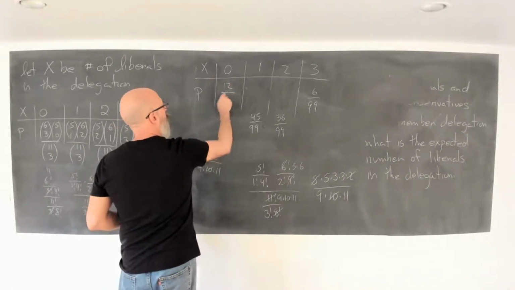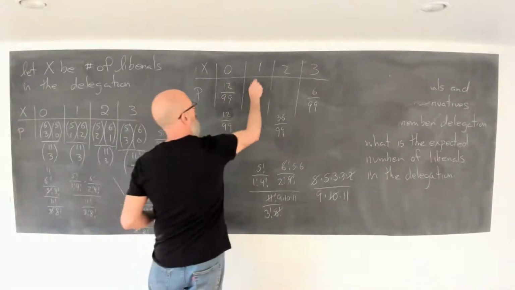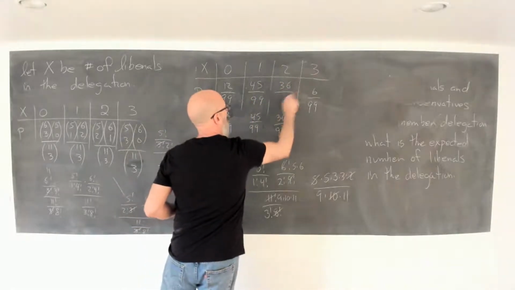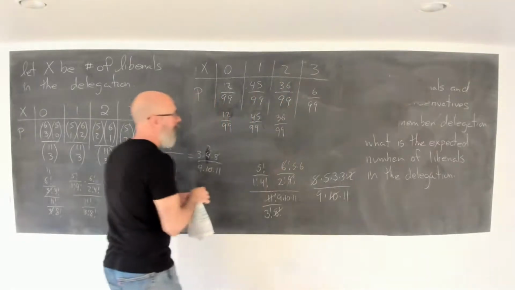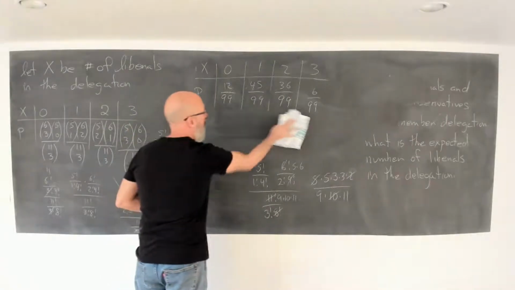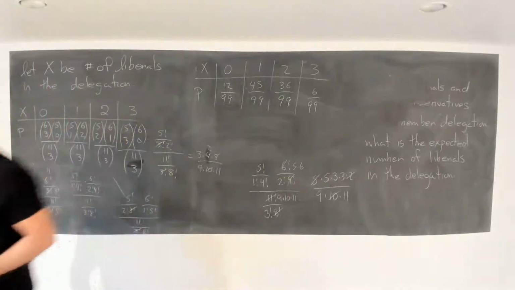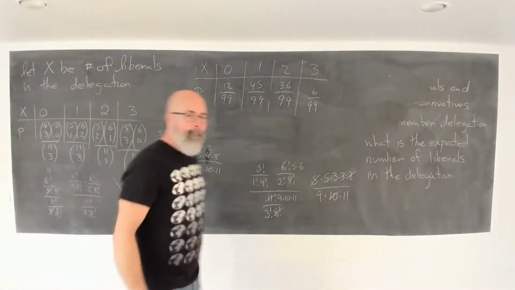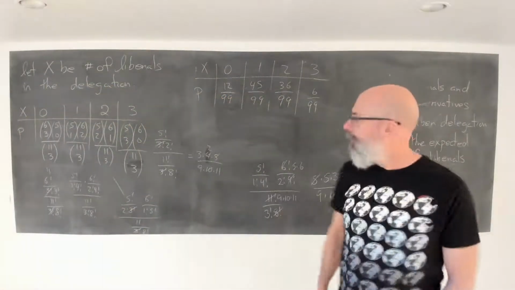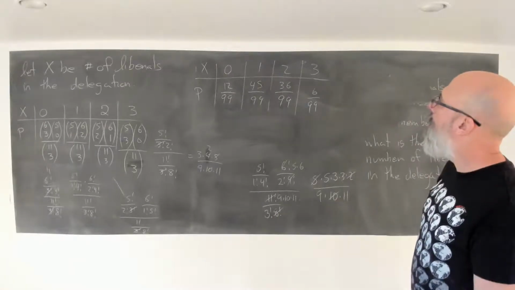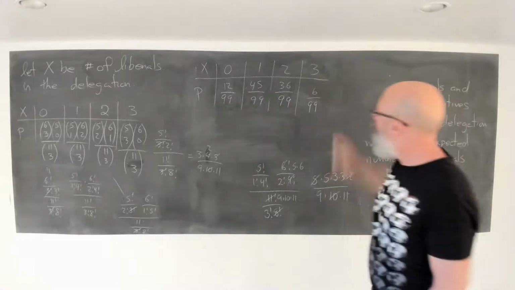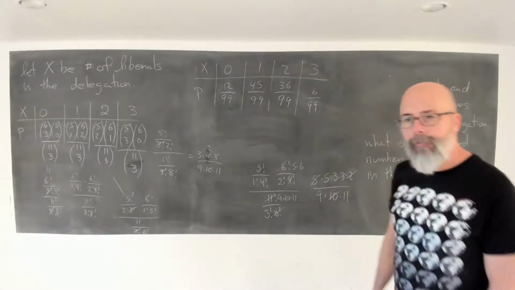See, I keep warning people not to make the same mistake, and yet I keep making the same mistake. All right. So there it is. We have this probability distribution, right? I mean, everything adds up to 1. Very nice.